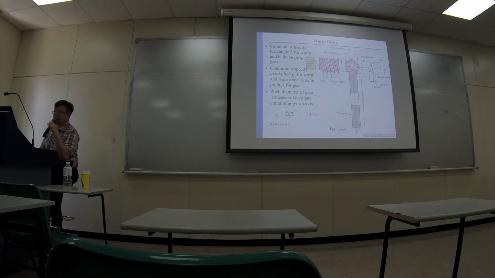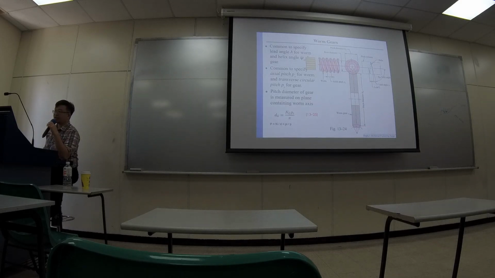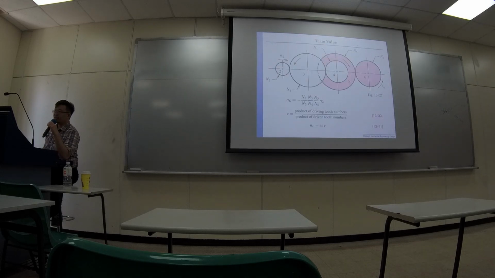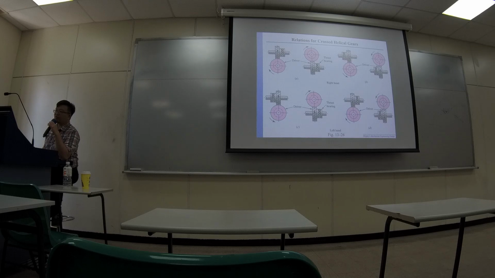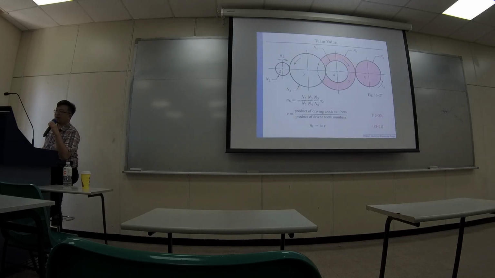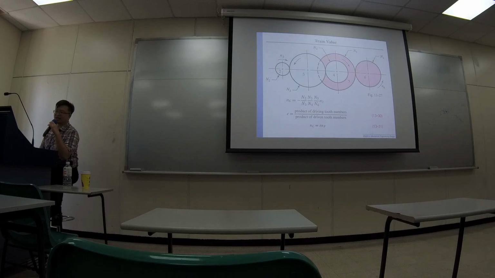The worm gears. Not much I want to talk about. Basically, again, there are some calculations about the pitch, but I don't want to spend too much time. And usually for gear design, there's a train of gears, and there are quite important calculations over here, but again, not the most important thing in this course.